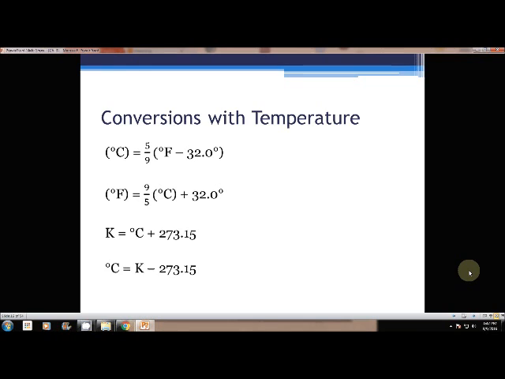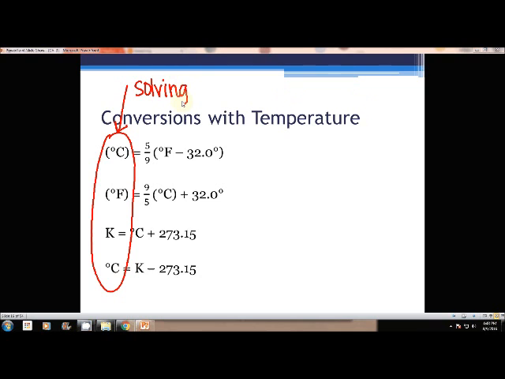With these problems, it might be a word problem, it might not be a word problem, but if you notice, degree Celsius equals this, Fahrenheit equals that, Kelvin equals that, all the way down the line. So the left side of the equation is what you're solving for. So if you need to make a little note that you're solving for whatever's on the left side.